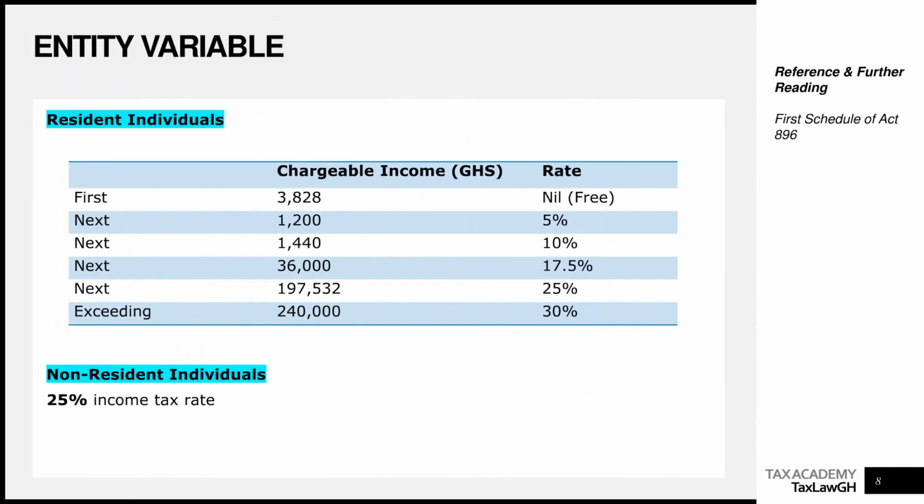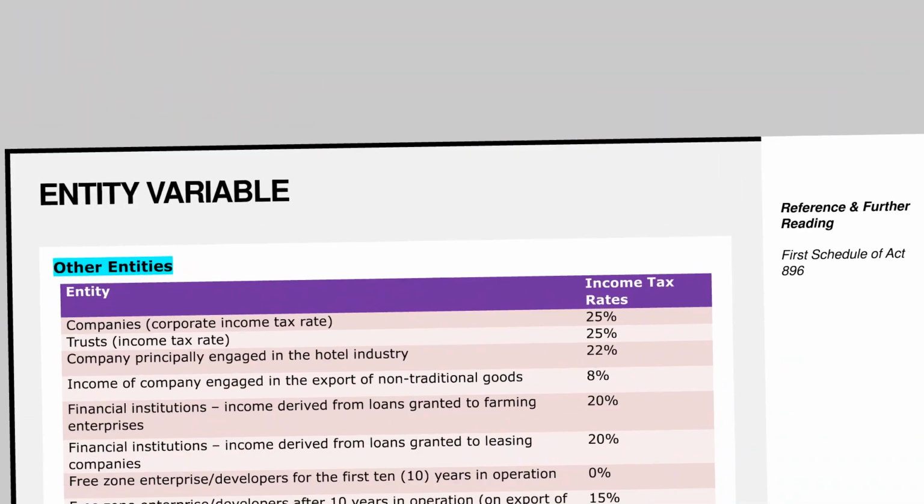If you watched our video on partnership income, we said that partnerships are not taxed as an entity per se, but the income of the partnership is taxed in the hands of the partners after the partnership income is shared or distributed to the partners in accordance with the partnership's profit and loss sharing ratio as detailed in the partnership agreement. If you haven't watched our partnership and trust video, you can just take a look at that. Back to this.